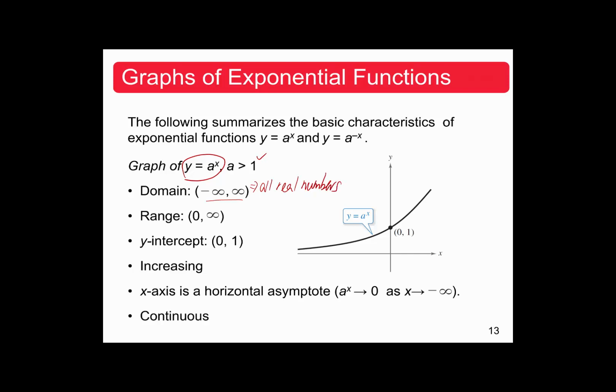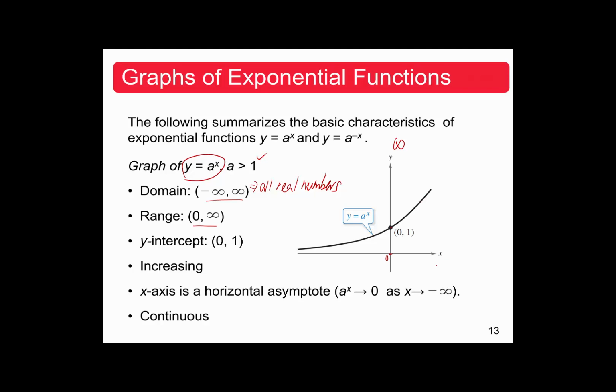And the range, you see, it's above the x-axis, so from 0 all the way to infinity. The y-intercept is (0, 1). There's no x-intercept because it just gets infinitely close to the x-axis but never touches it.